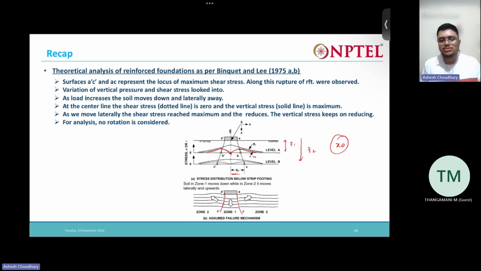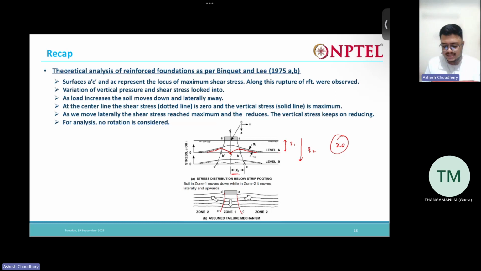All right, that is x naught. This dotted line represents where the shear stress is at maximum, the variation of the shear stress. And the solid line that we see here represents the distribution of the pressure, the load that is coming into the soil. Okay, the distribution of that load.